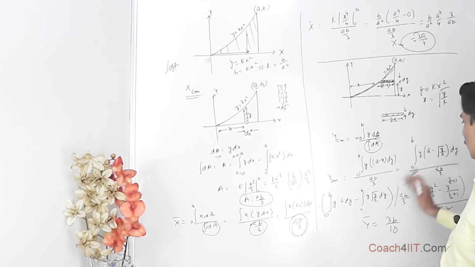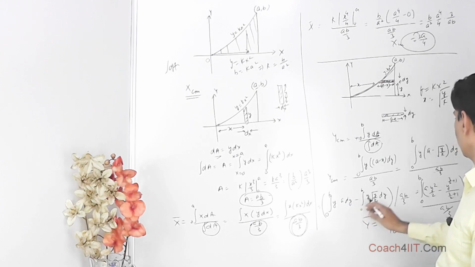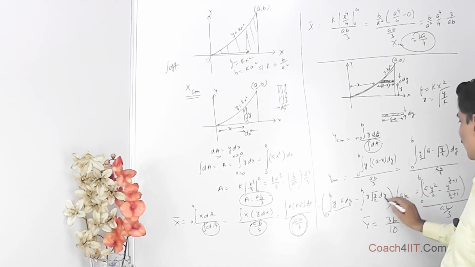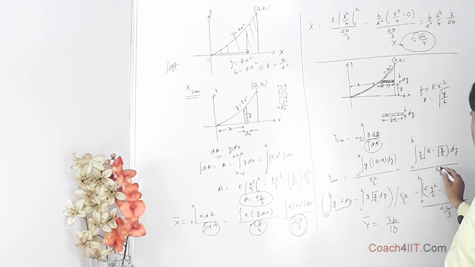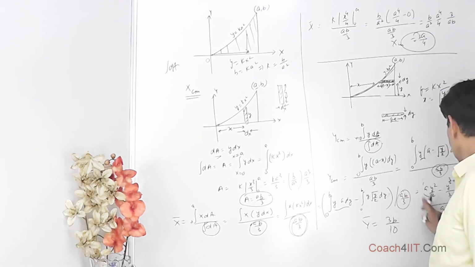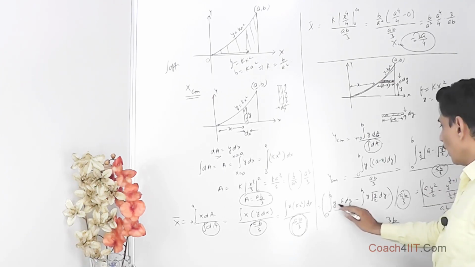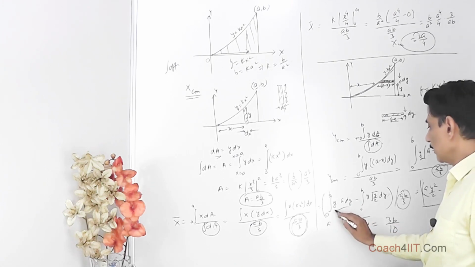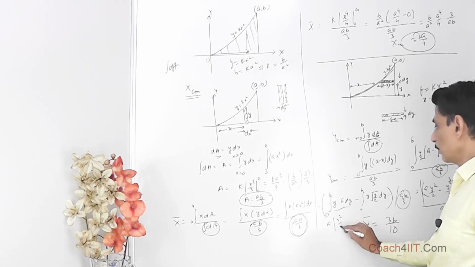So when we open this, we can make it into two integrals. So y a dy makes the first one, and y root y by k dy makes the second one, divided by ab by 3. For y a dy, a will come out, and this is y dy, which will make y square by 2.